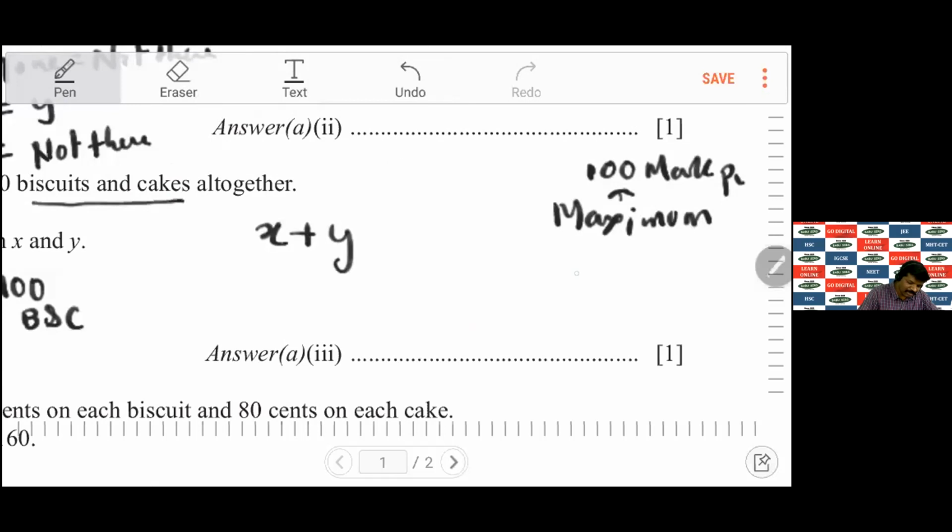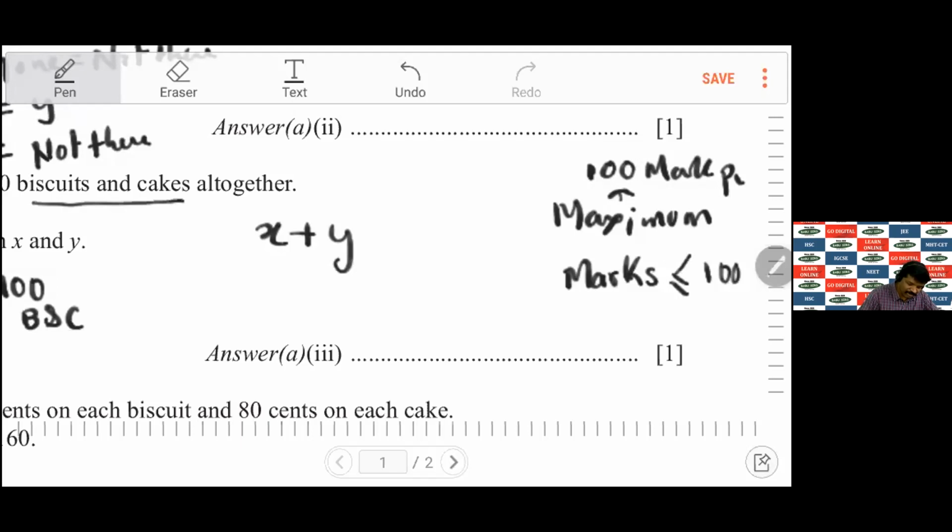So maximum 100 means your marks will be 100 or, Sanidhi, 100 or more than 100? Less than 100. So maximum 100 means you will get either 100 or less than 100. You will not get more than 100.